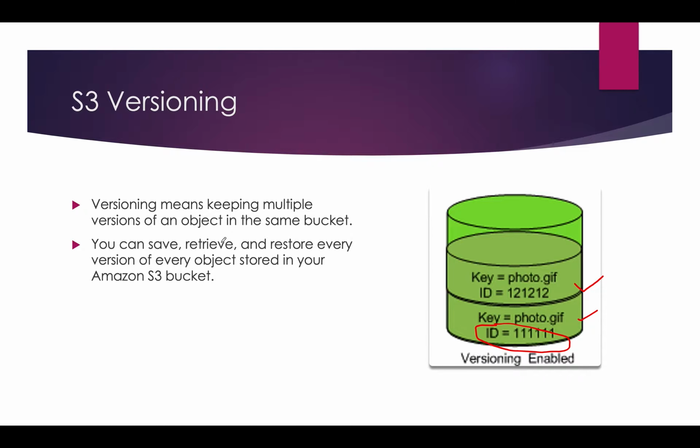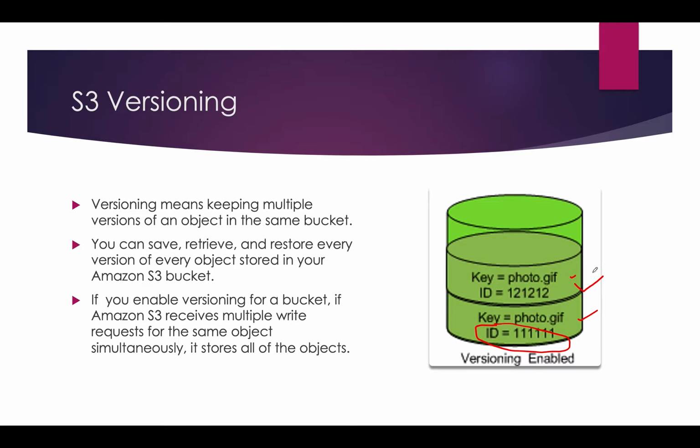Retrieving is getting the image. You can preserve, retrieve, and restore every version of every object stored in your Amazon S3 bucket. So if you uploaded the same image multiple times, Amazon S3 is very clever. By using the version, you can download whichever image you want.